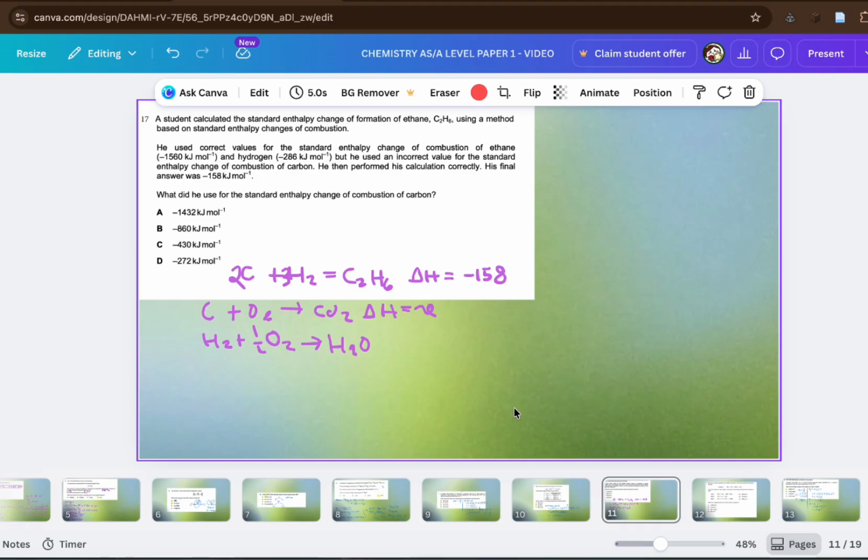So C2H6 plus oxygen multiplied by 7 divided by 2, and that will produce 2CO2 plus 3H2O. And the change is negative 1560.